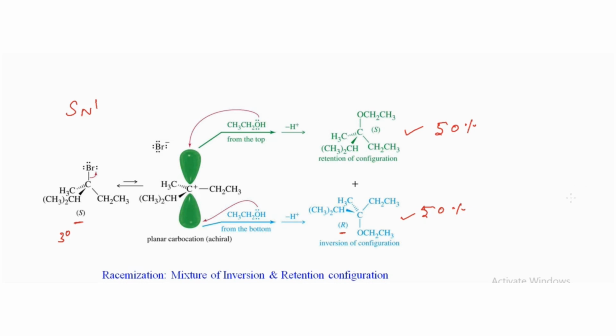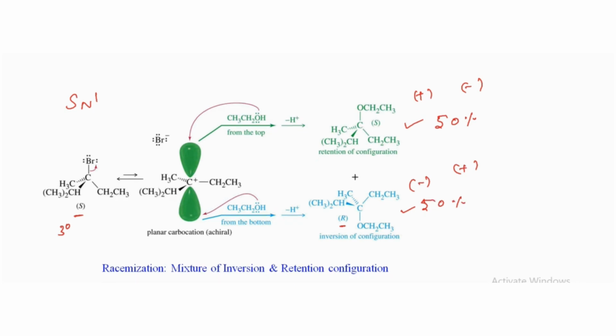These are 50-50%, that means the mixture is in equal amounts. So one of these chiral centers may be either plus or minus. If this is plus, then this should be minus, or vice versa. But the amounts are equal. That's why the optical rotation will get cancelled.